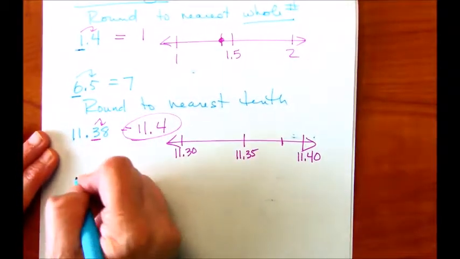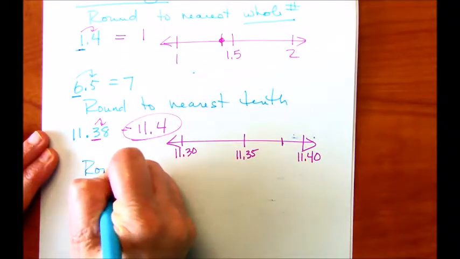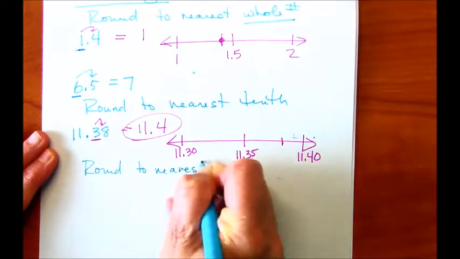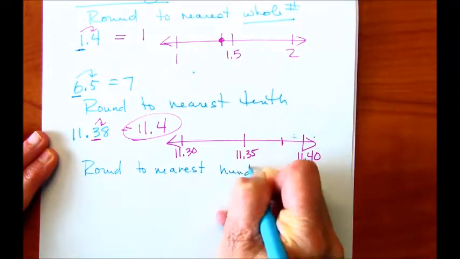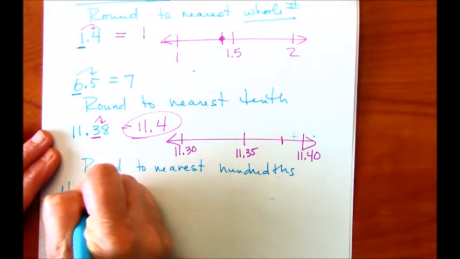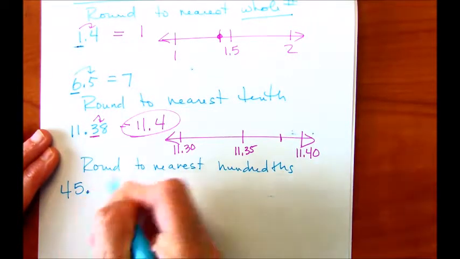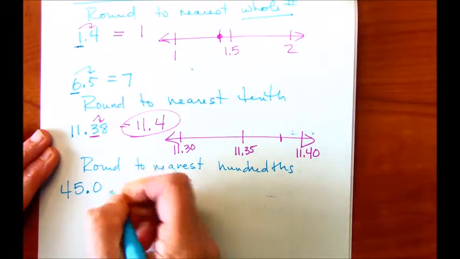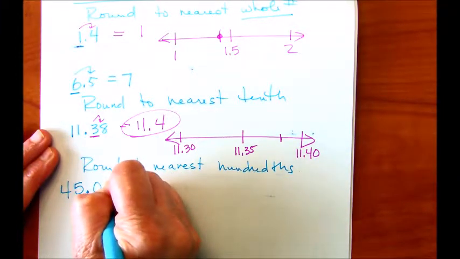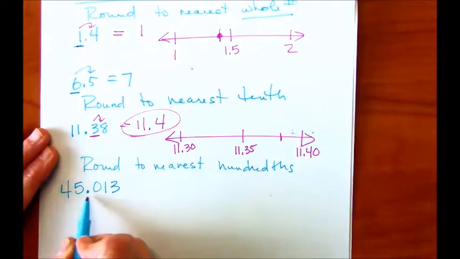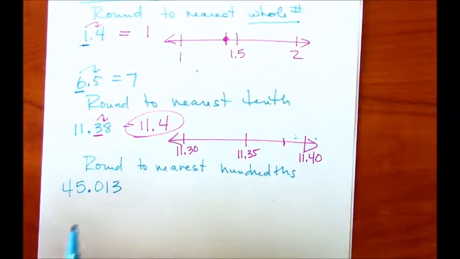Let's round to the nearest hundredths. Say I have 45 and 13 hundredths, or excuse me, 13 thousandths.